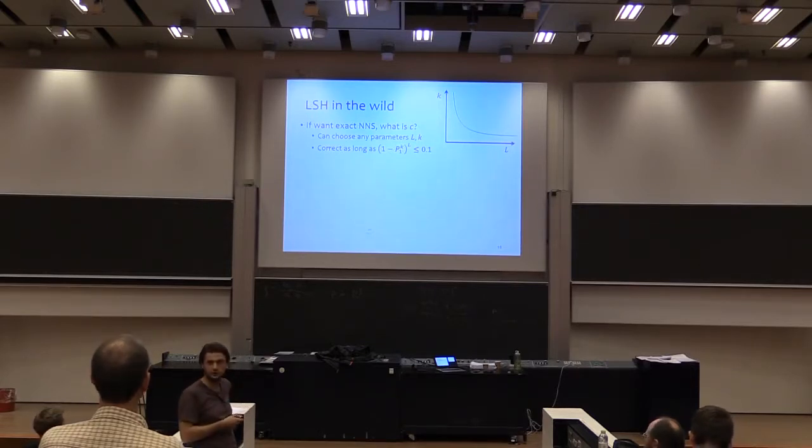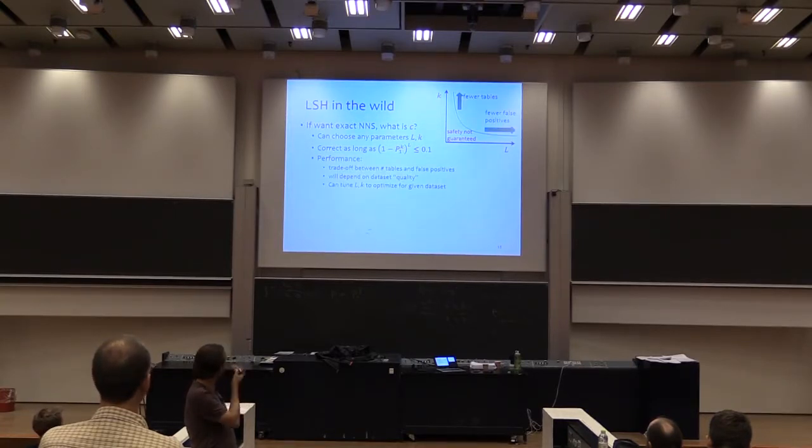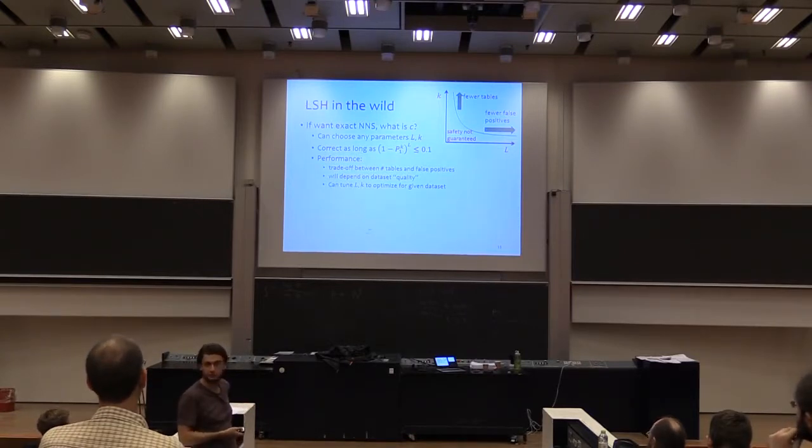That gives you some kind of trade-off. As long as they're sufficiently large, then it's good, right? Otherwise, your safety is not guaranteed. Yeah, it's a trade-off between the number of tables and the number of false positives, right? So if you push L to be very high, you'll have fewer false positives, but then you'll have many hash tables, and you'll spend a lot of time on hashing.